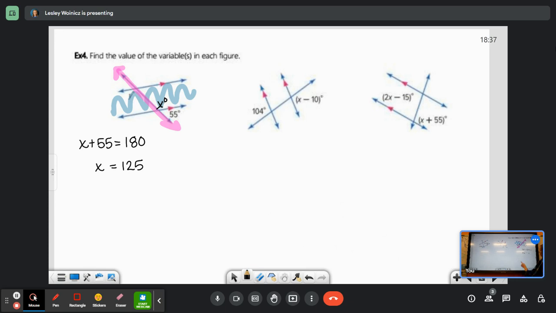Okay, now X and Y, those angles are on alternate sides of the transversal on the interior. They're alternate interior angles and they are congruent. So if X is 125, so must Y be.